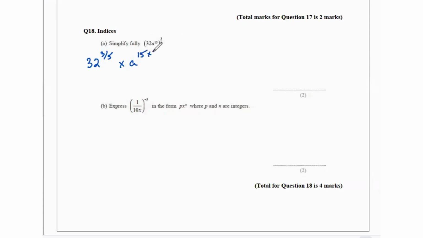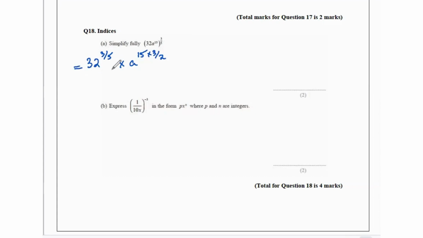It gets multiplied with all of the powers of the terms inside. 32 doesn't have anything written, which means it has a power of 1.